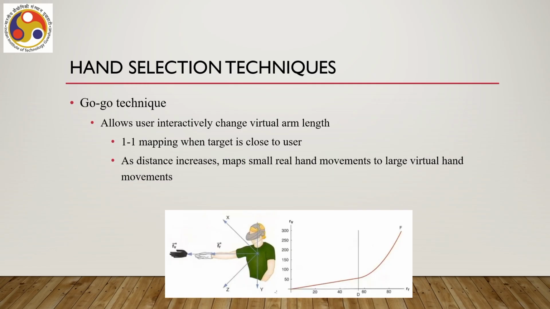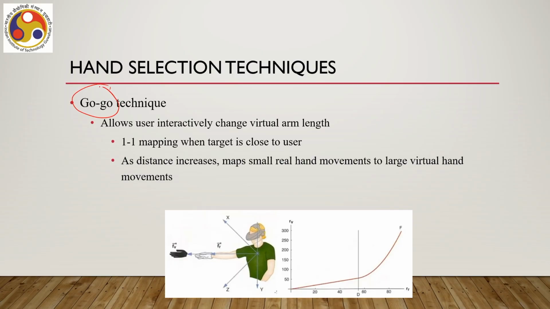One way to overcome this problem, that is selection of distant objects without feeling tired, is the go-go technique. It allows the user to interactively change the virtual arm length, that is the length of the virtual hand. There is one-to-one mapping when the target is closer to the user.